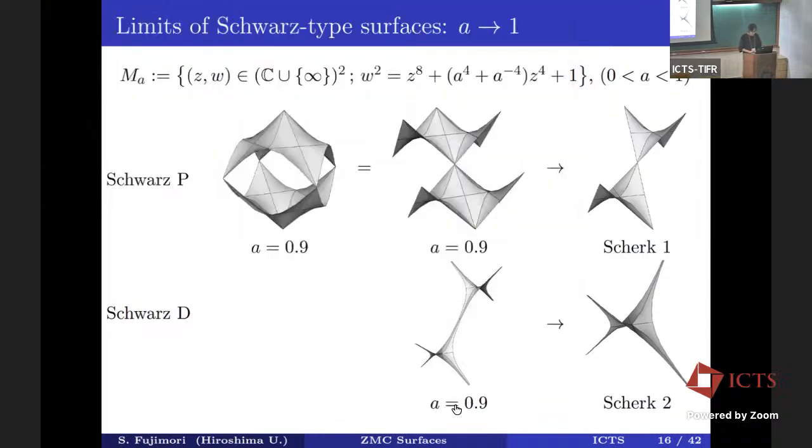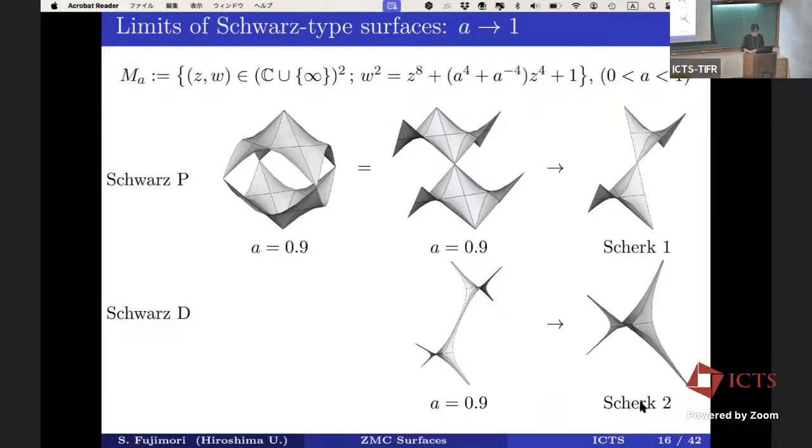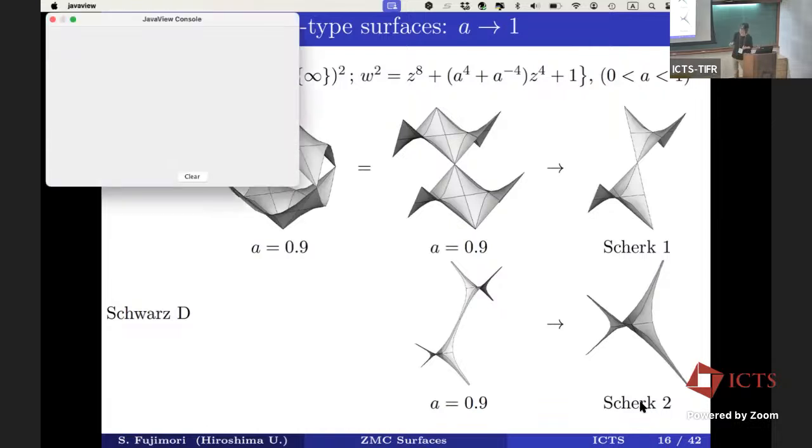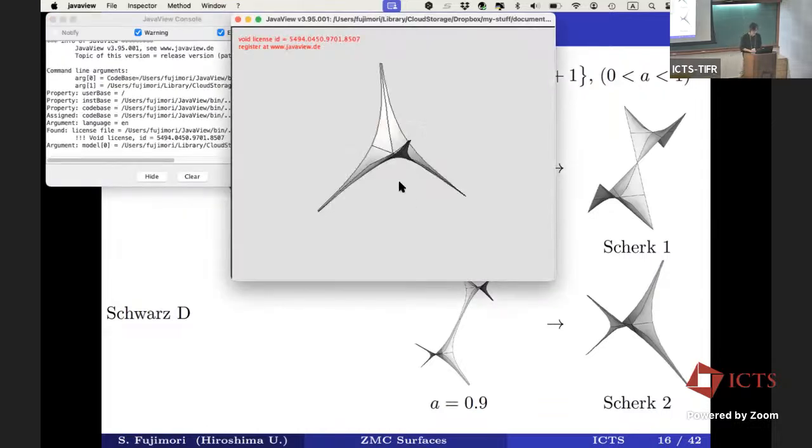And also the conjugate surface, as a limit, we have this Scherk surface, and again it is not periodic. So this is an end of the surface. The surface has 4 ends and 4 fold singularities.